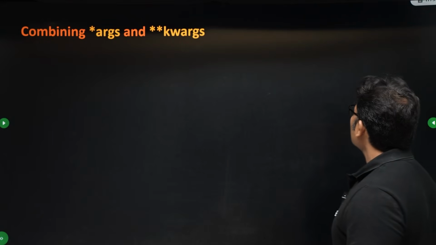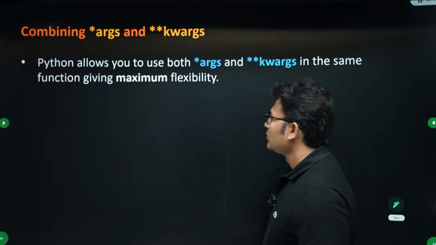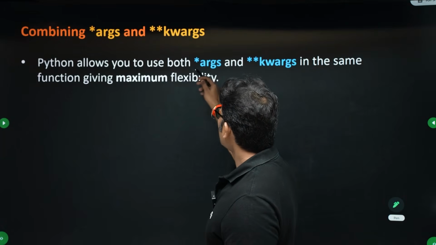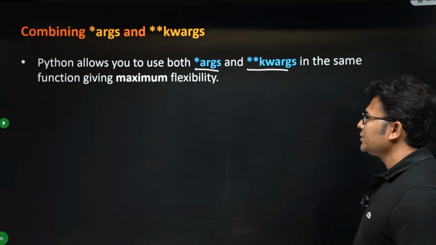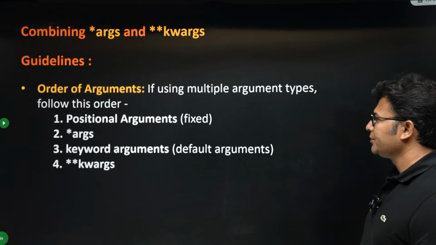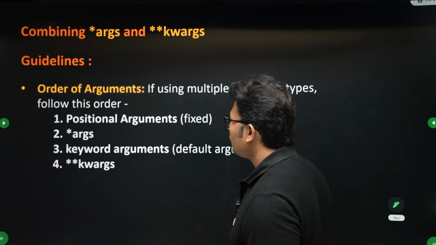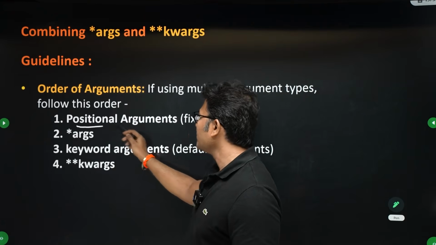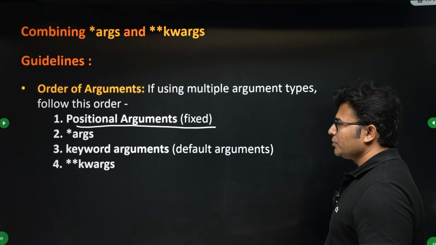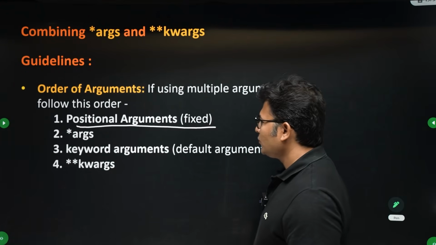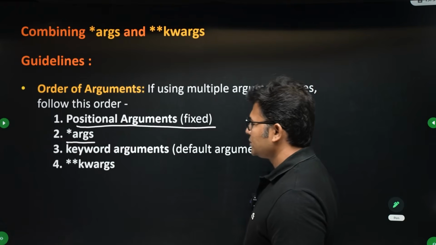Now let's try to combine both star args and star kwargs. Python allows you to use both star args and star kwargs in the same function, giving maximum flexibility. What is the order you should put? First you have to put positional arguments, if any. After positional arguments, you have to put star args.